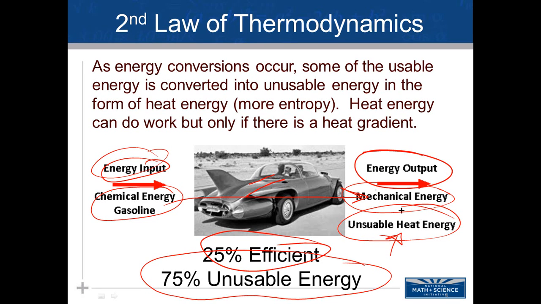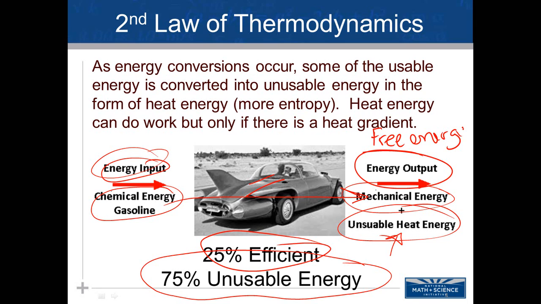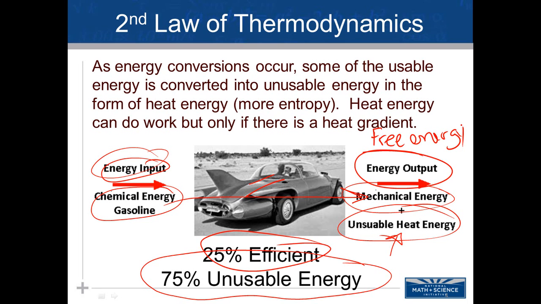So we're going to have a new term, and that is called free energy. Free energy is the energy available to do work. One more time. Free energy is the energy available to do work. And so now we can examine the second law of thermodynamics.